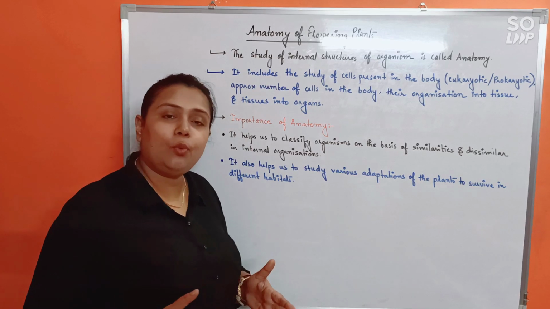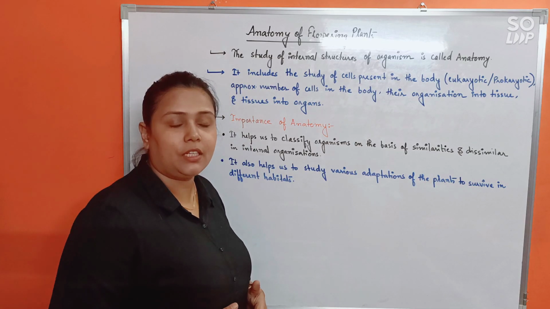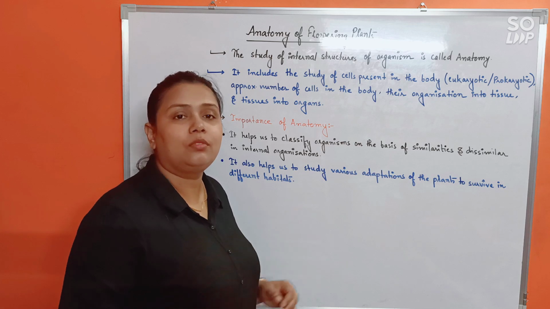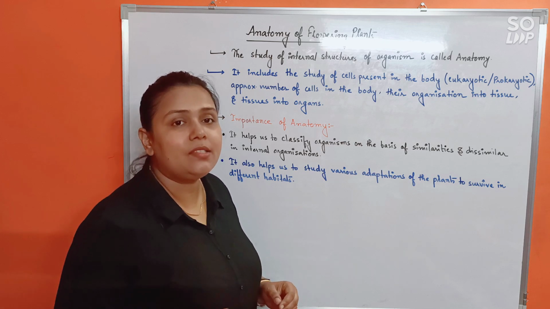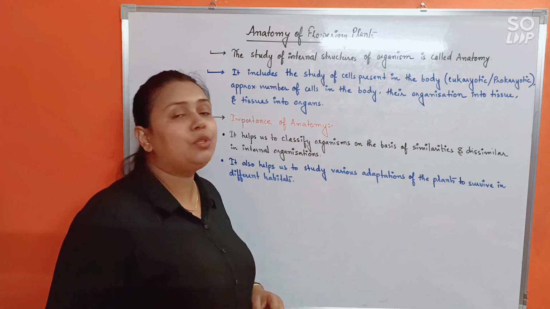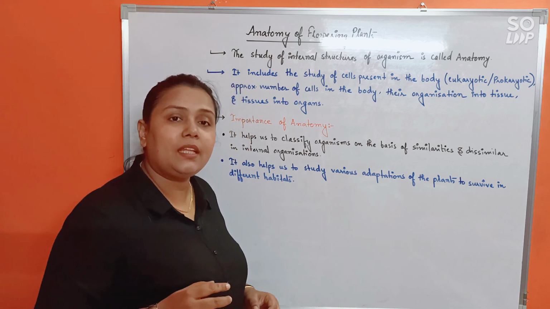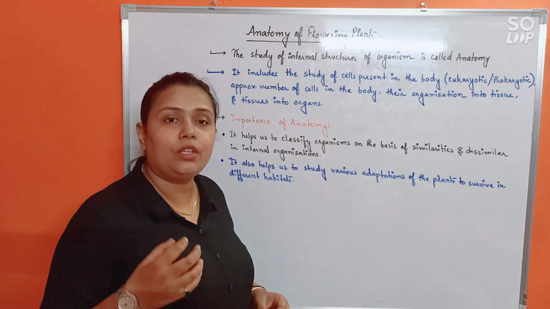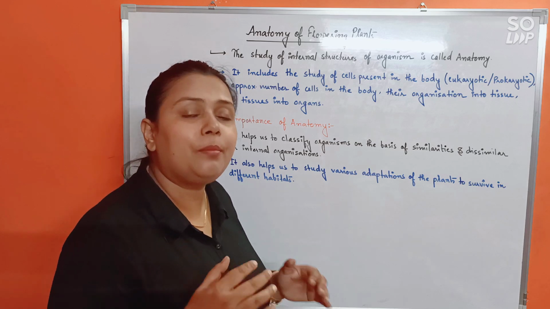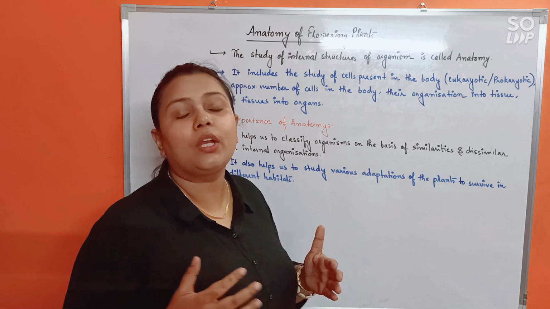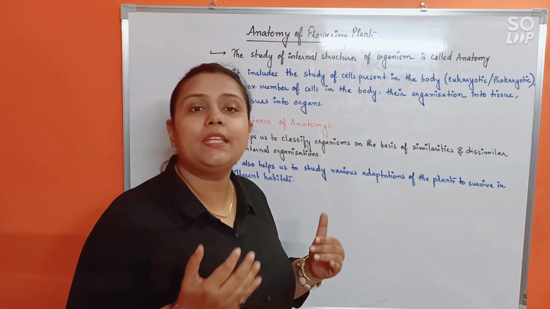I think all of you know what is eukaryote and prokaryote, isn't it? Eu means true, and kary means nucleus. So eukaryotic organisms means organisms which have a true nucleus, means their genetic material would remain confined inside a nuclear membrane. The nuclear membrane is present.